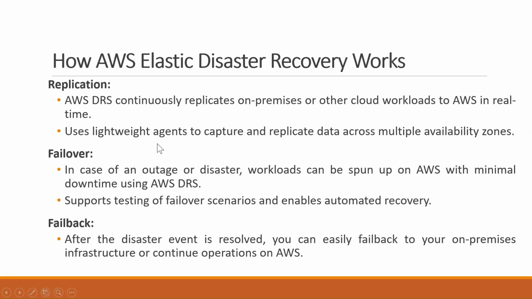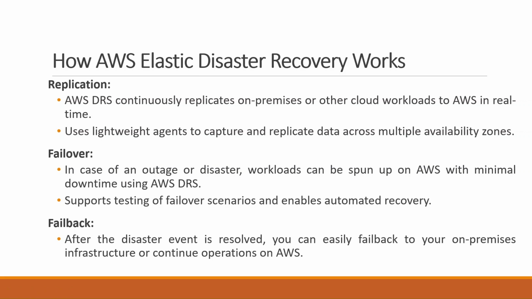Firstly, what is the meaning of replication? AWS DRS continuously replicates on-premises or other cloud workloads to AWS in real time. So AWS continuously copies your important data and applications from your on-premises servers or other environments in real time.